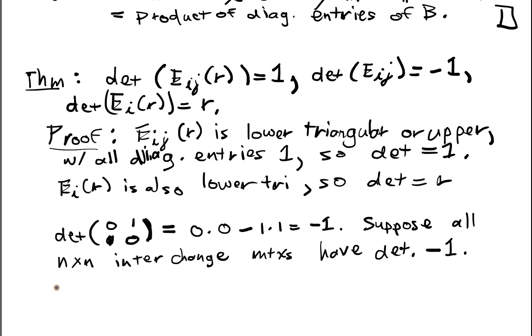So we just do a Laplace expansion for the n plus 1 case. We check out the determinant of Eij, where now we're assuming that Eij is an interchange with n plus 1 rows and n plus 1 columns. Well, I expand along a row that's not being interchanged.